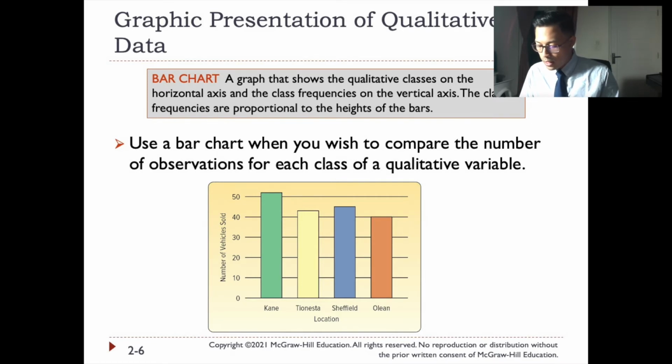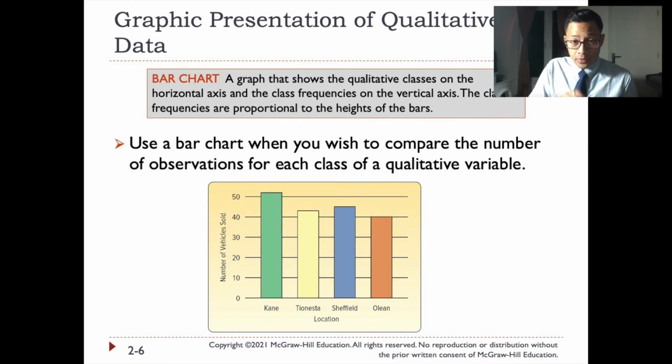The class frequencies are proportional to the heights of the bars. As we know from the previous frequency table, there were 52 cars sold in Kane, and so there's about 52 cars sold here. And then we know that there were 40 cars sold in Olean.